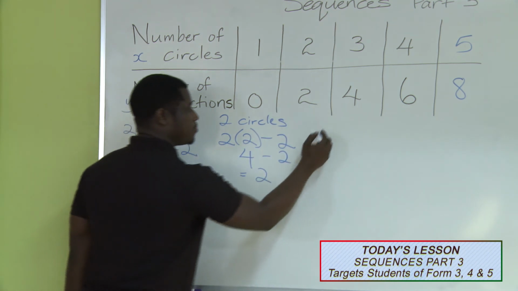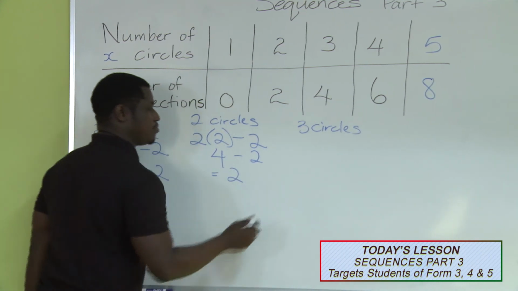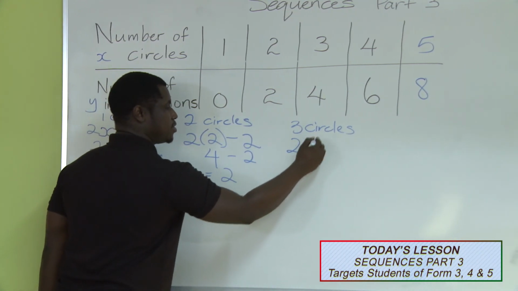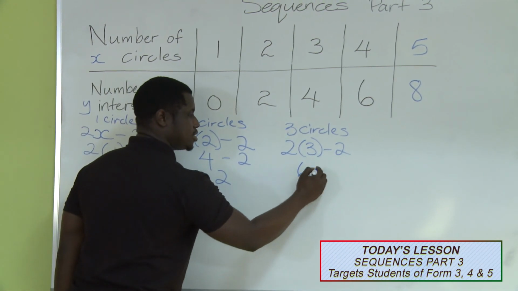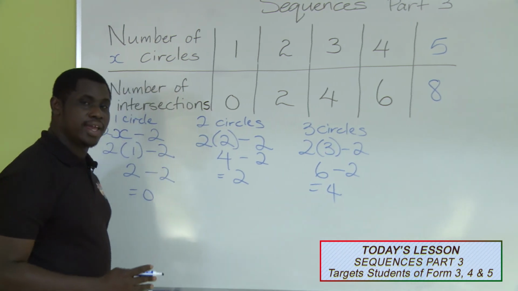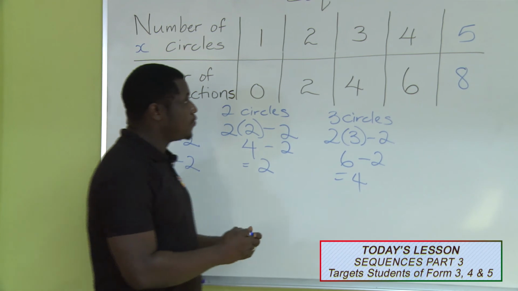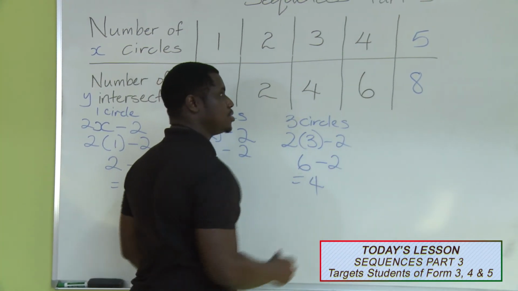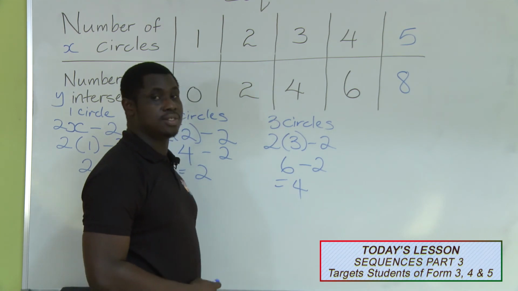How about the third? 3 circles. 2 times 3 minus 2. 2 3s are 6. 6 minus 2 gives me 4. So I realize that my rule is working. If you test it for 4 circles, I can guarantee that you will get 6 points of intersection.